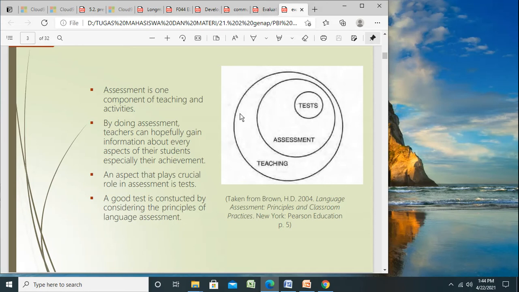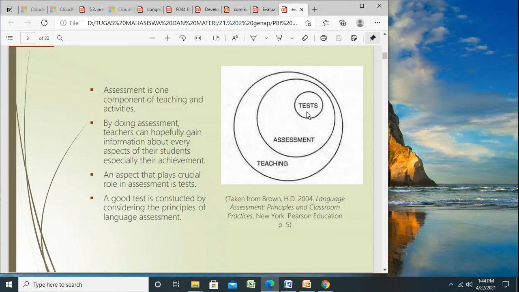We are English teachers, so we are teaching English, and we need assessment to measure the ability of our students. And to measure the ability of a student, we can use a test.